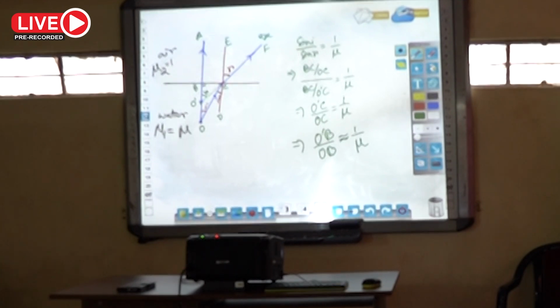You cannot say that these are similar triangles. The triangles are not similar. Then on the basis of which logic can I do that? I should be very small. This I and R should be very small. Why should this be very small?